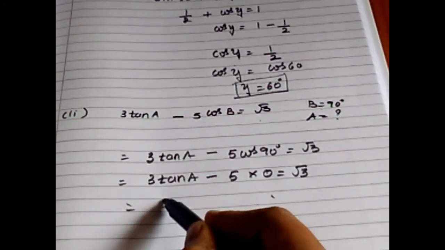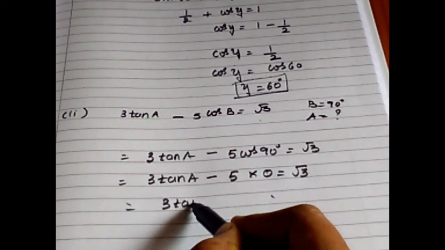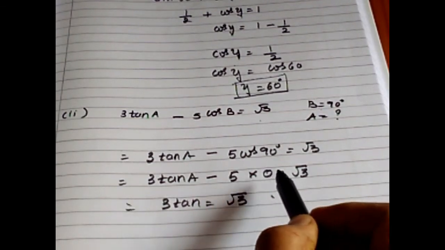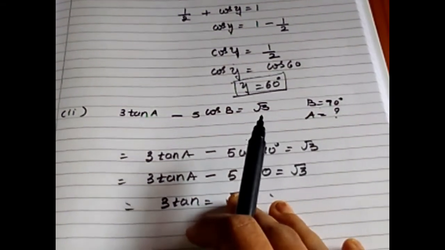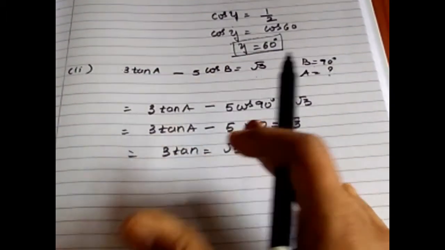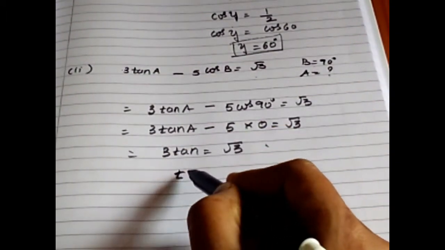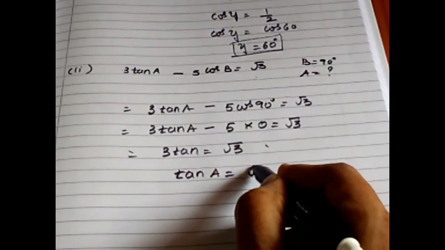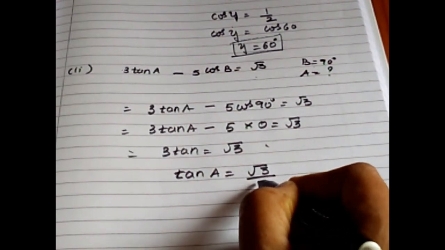So hence what do I get? 3 tan A is equal to root 3. Minus 5 into 0 is 0. So 3 tan A minus 0 is 3 tan A itself. Now this can be written as tan A is equal to root 3 by 3.